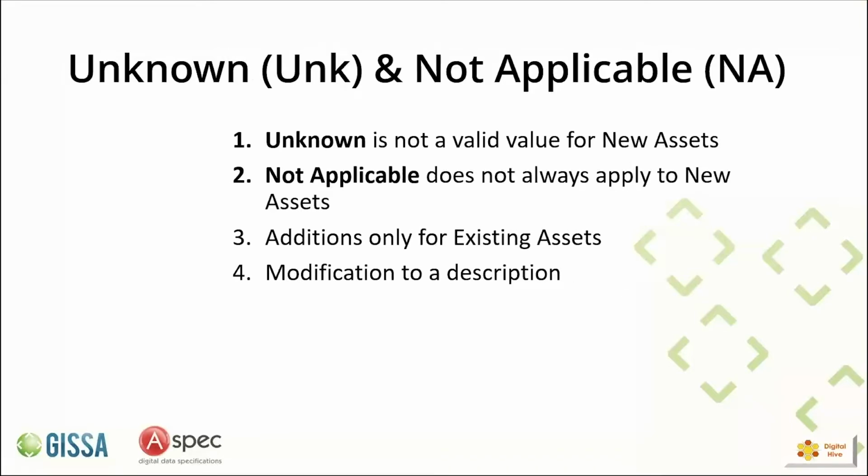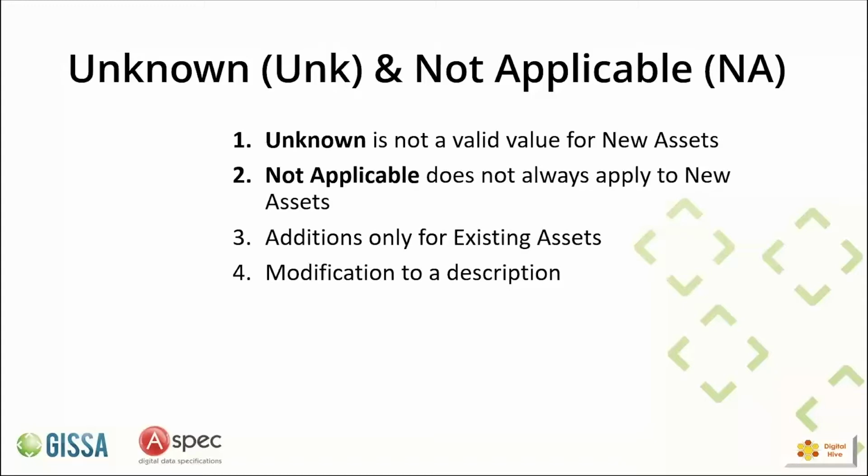This appears to be an ongoing debate. Unknown is not a valid value for new assets, and not applicable does not always apply to new assets. This comes up quite regularly, often because we get a comment from a surveying consultant that says, well, the engineering consultants aren't giving us the data, so we need the unknown or not applicable value.